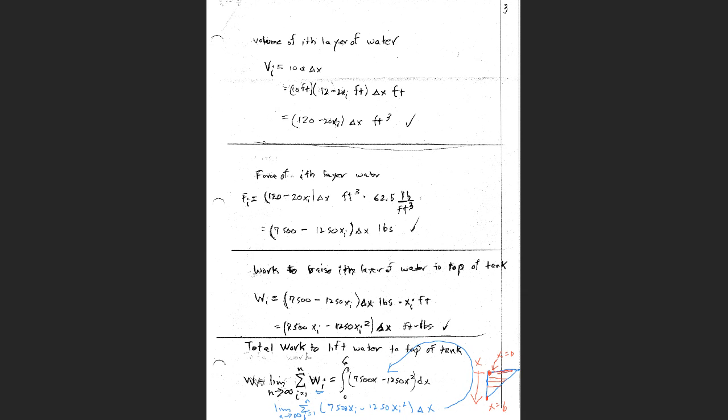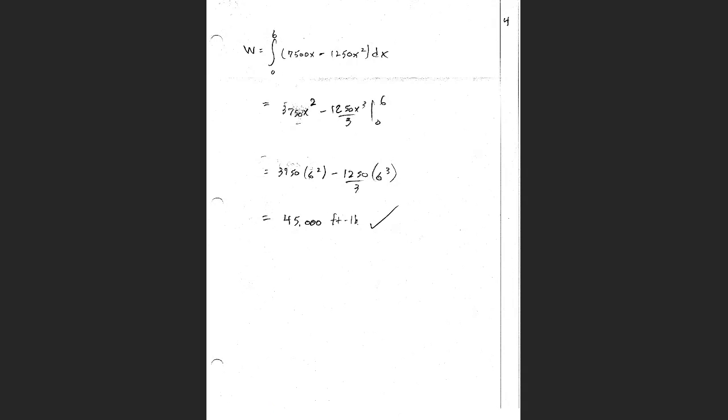So we have an integral here that we have to compute to find the work, and there it is. We get the antiderivatives of each. So the antiderivative of 7,500x is 7,500 times x squared over 2. But then that reduces to 3,750x squared. Okay, so hopefully everything you see here is pretty much common sense.